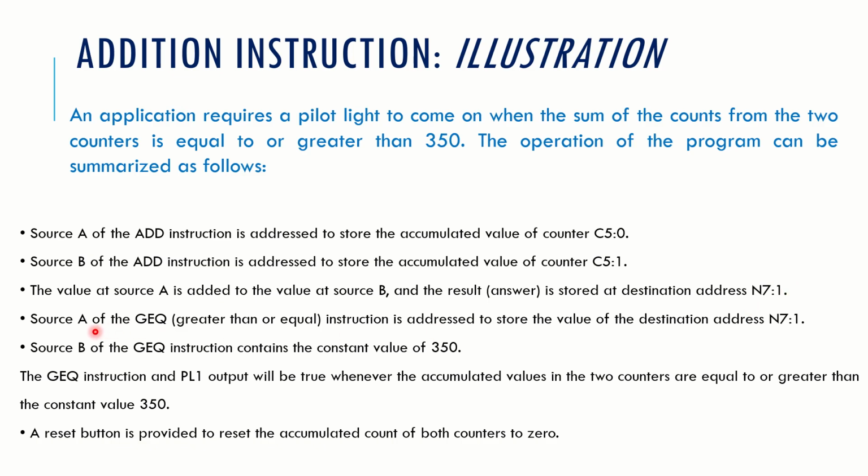Now source A of the GEQ instruction is addressed to the value of the destination N7:1. Source B of the GEQ instruction contains the constant value of 350. As we have already discussed, GEQ is a greater than or equal instruction, a compare instruction.